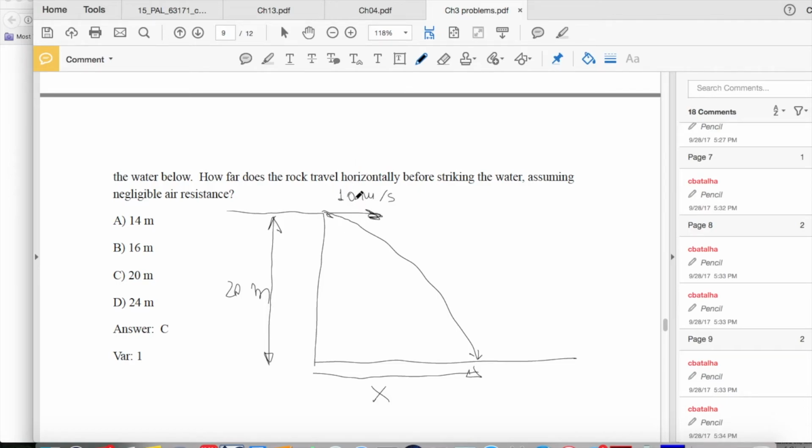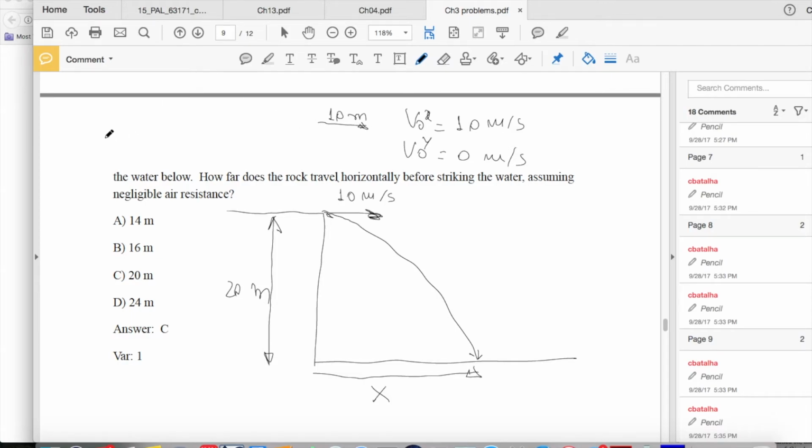One of the first steps is to identify this situation as a projectile motion situation in which the initial velocity vector has a run, but doesn't have a rise, which means your v naught x is the same as the initial velocity, 10 meters per second, and your v naught y is none. So you don't have that.